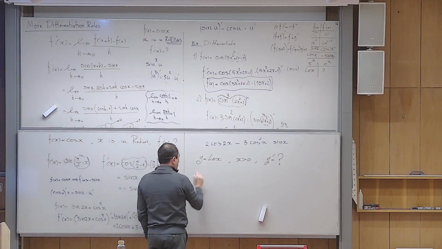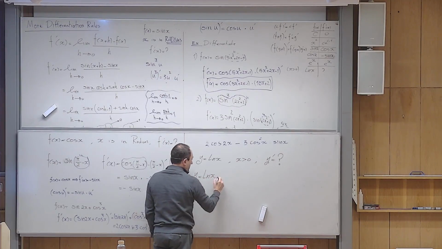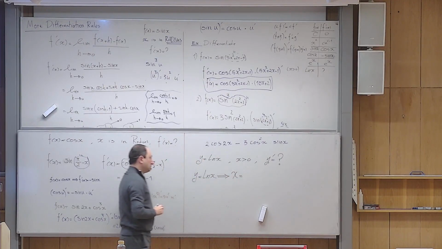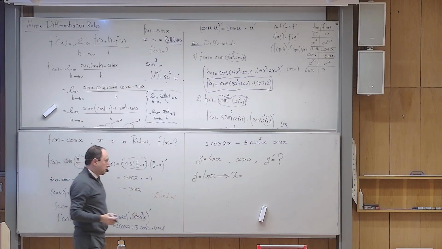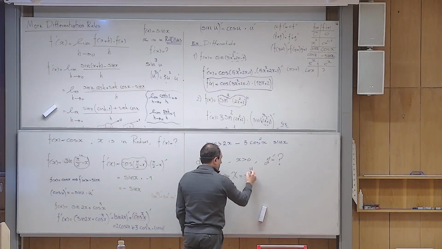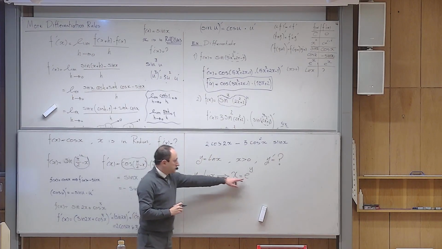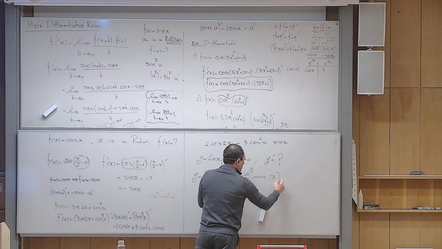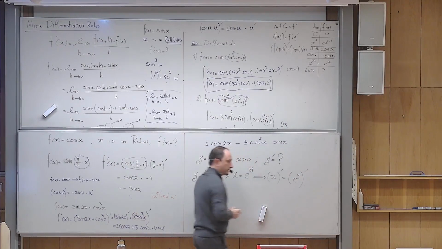So we change our strategy by saying that if y is ln of x, can you fill this gap for me? I would say that x is equal to what? This is the definition of the logarithm. E to the power of y. But now what we do, we differentiate both sides. We say that x is this guy, so the derivative of the left-hand side is equal to the derivative of the right-hand side.